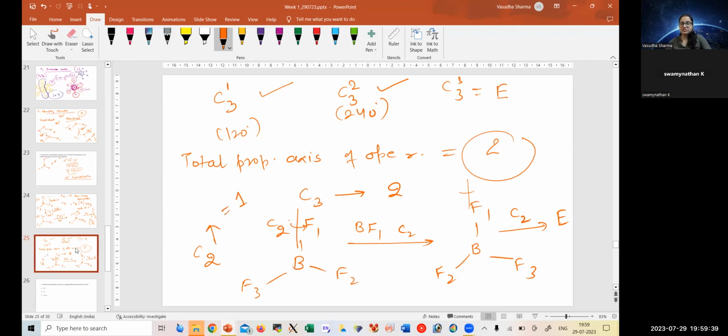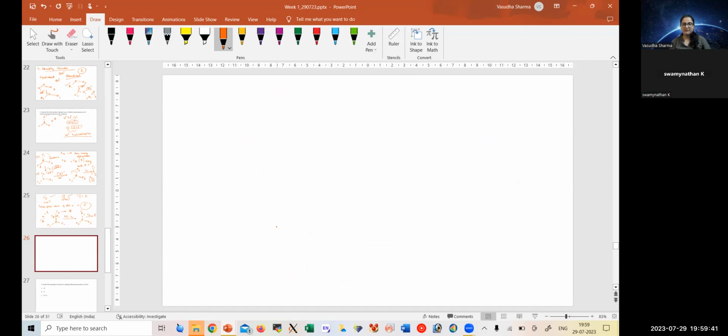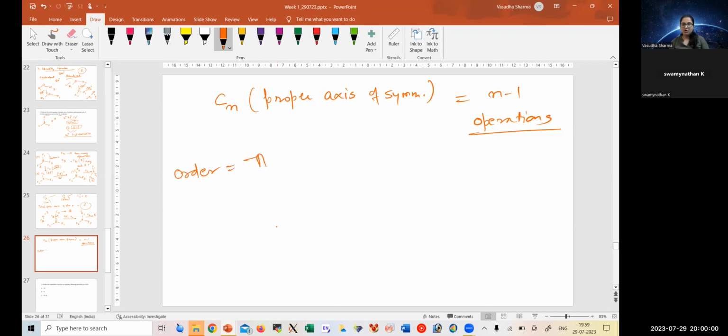So this gives you a generalized statement. Whenever you have a Cn proper axis of symmetry, it will give you n-1 operations. When we are talking about order, you need to include all the elements or operations. You need to consider all of them. You cannot just say that C3 is there and the others won't be there.